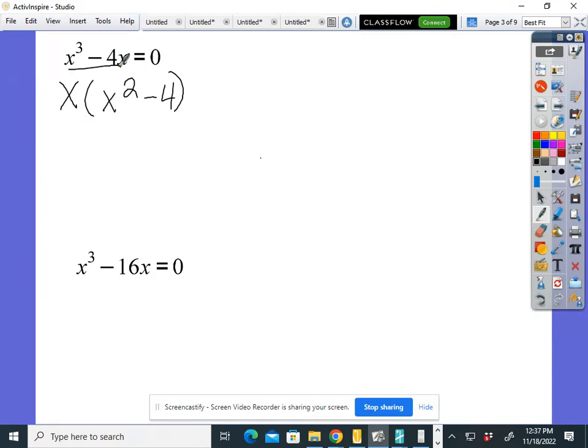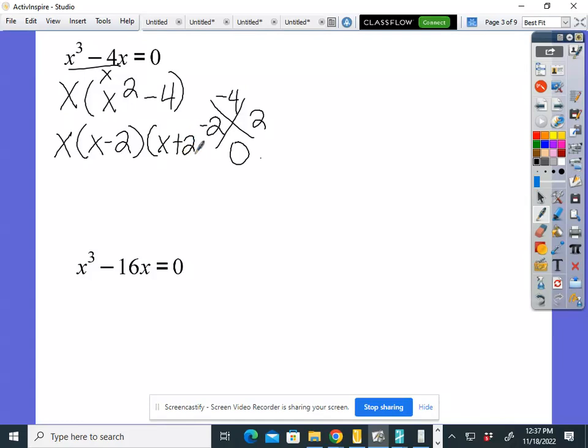Then, you got to figure out what multiplies to negative 4, adds to 0, that's negative 2 and 2. So this is x, parentheses, x minus 2, and x plus 2.